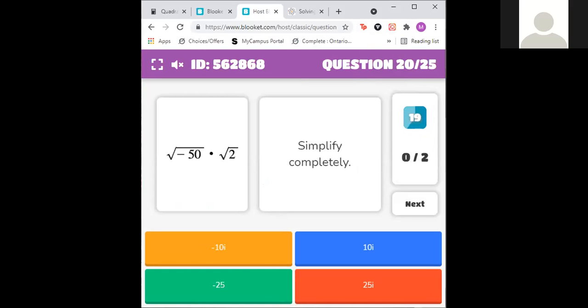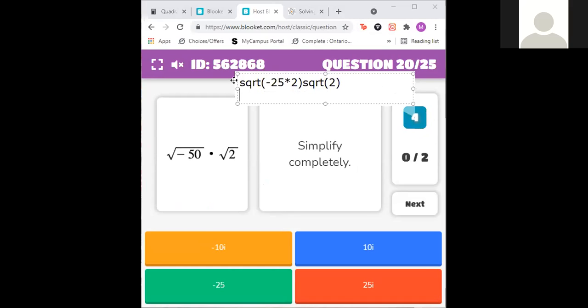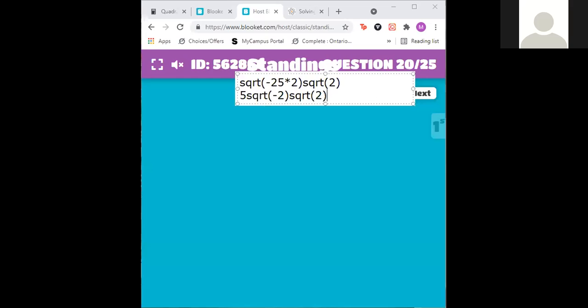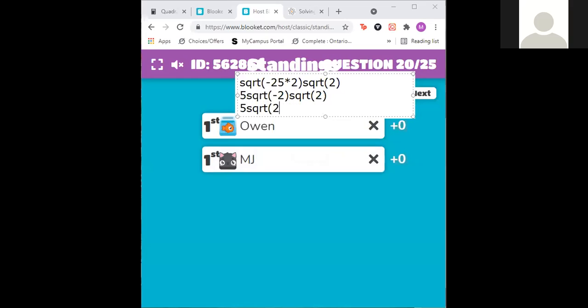So here to simplify this, the square root of -50 is the square root of 25 times 2 times -1. The square root of 25 is 5, so you're left with 5 times the square root of 2 and the square root of -1 on its own.